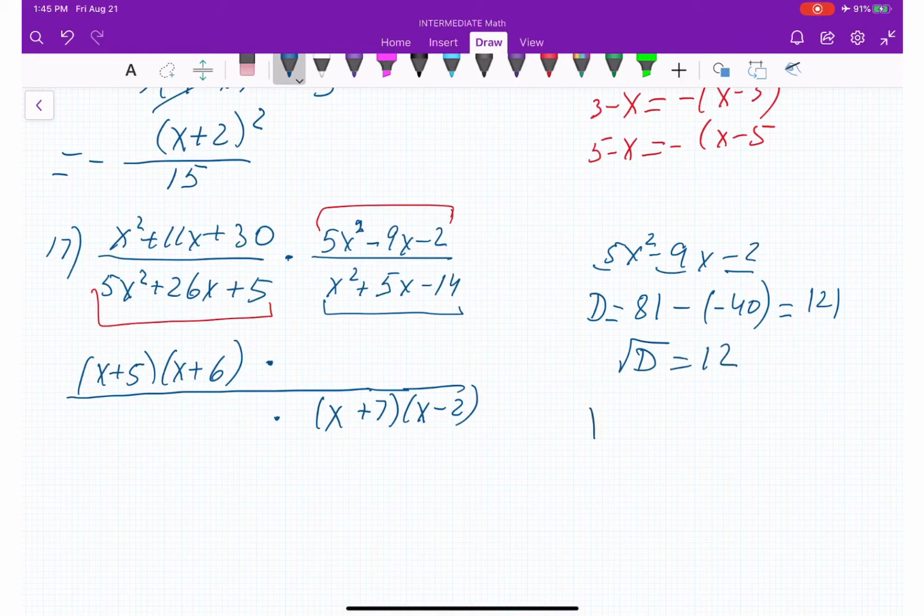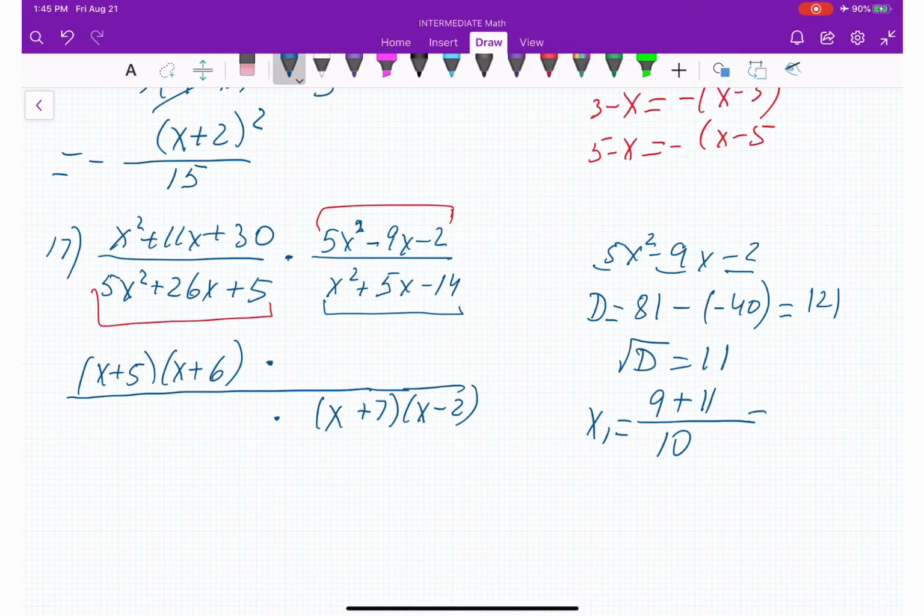Okay, x1 is equal to negative b, which is going to be positive 9, because b itself is negative 9, plus 11 over 2a, which is 10.